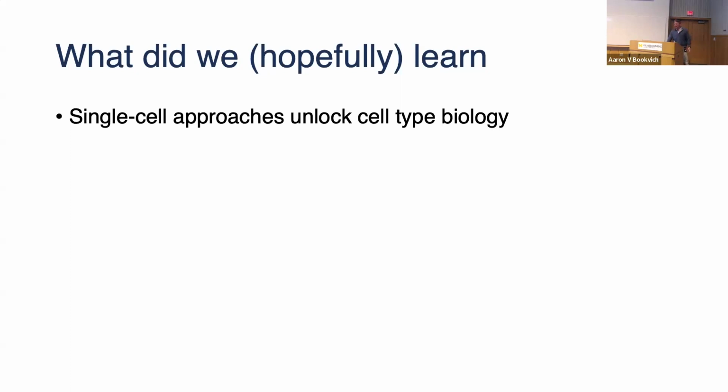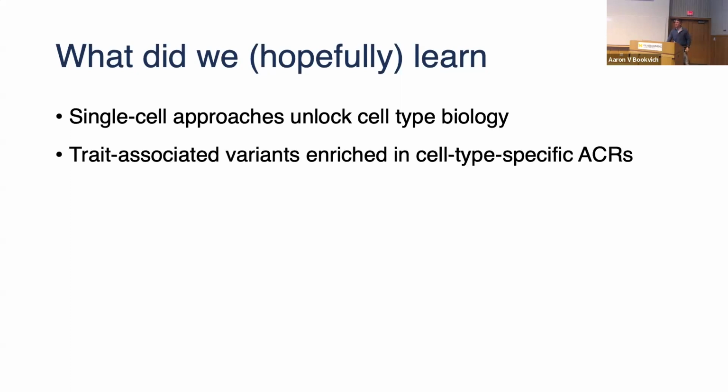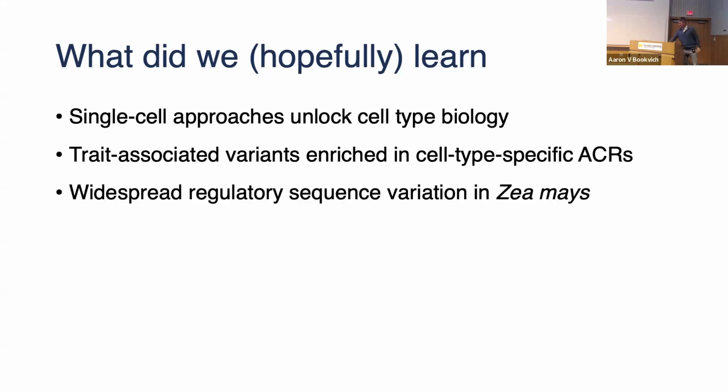All right, so you learned some single cell stuff that we're using to uncover more plant biology. I know we're all really fascinated by plants now, and we'll leave the room all wanting to study maize. I showed you that a lot of the trait-associated genetic variation is located within cell type-specific accessible regions. There is a lot of sequence variation, particularly within regulatory regions in maize.